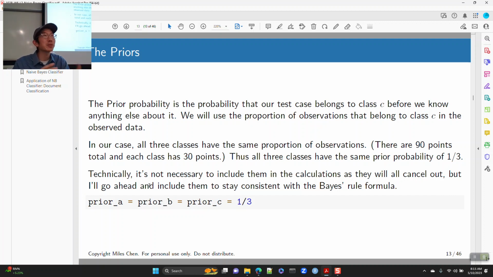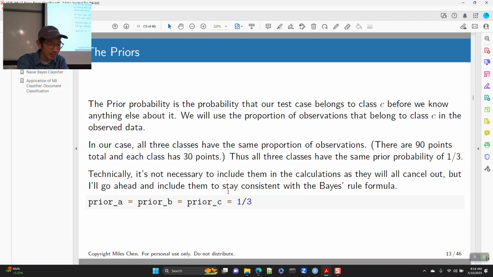Now, technically, because we have the same value in all of these, they're all going to cancel out when you sum them up and divide by the marginal. So in this exact scenario it's not necessary to include them, but we'll include them to make sure we're following the formula correctly. I don't want to confuse anybody by ignoring them in this example.